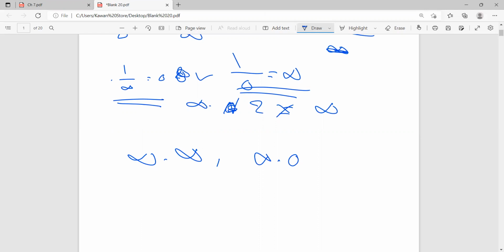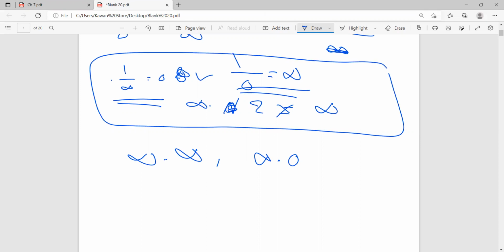Are you just guessing, or did you read it? Infinity minus 0? No, you'll get infinity in that case. So infinity minus 0 is equal to infinity. Infinity plus infinity is equal to infinity.